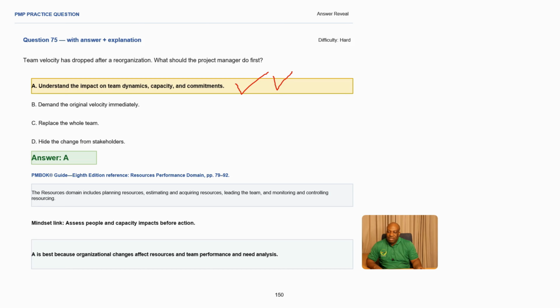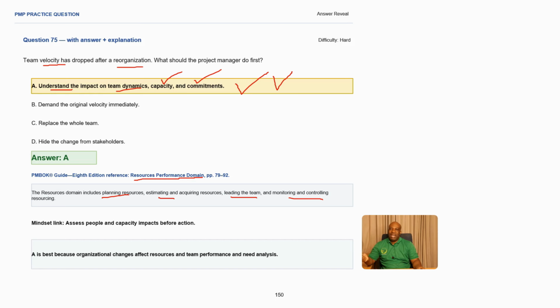So the team velocity has changed after reorganization. So this is team dynamics. So you need to understand the impact of team dynamics, capacity, and also commitments, which is what has also affected the team velocity. So what is our reference in terms of our PM book? Resource performance domain. Okay, so this is our reference where your resource planning, estimation, and also leading the team and also monitoring.